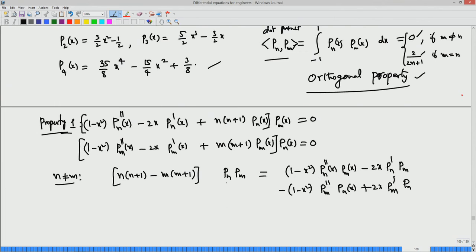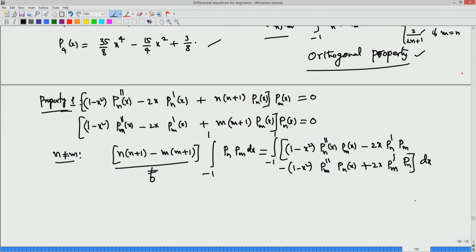So now you try to integrate both sides. This is a constant which is non-zero because n is not equal to m. You integrate from minus 1 to 1 dx, both sides.